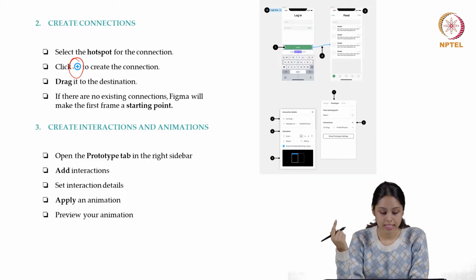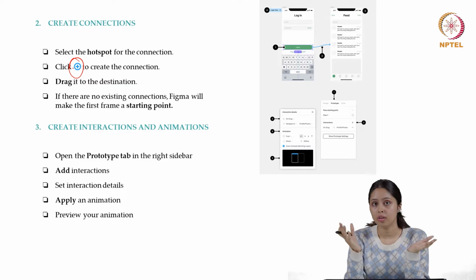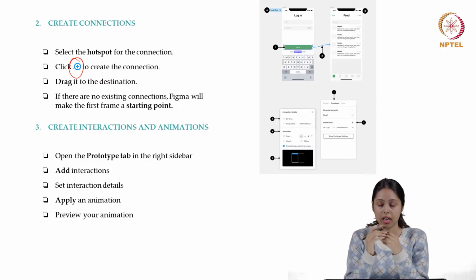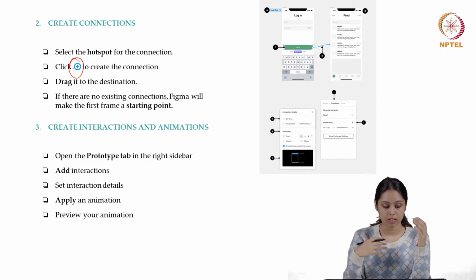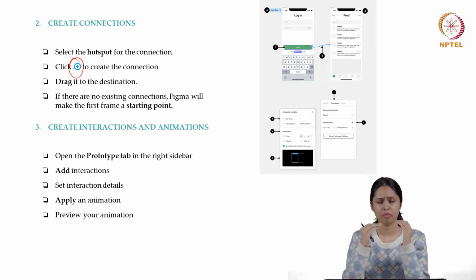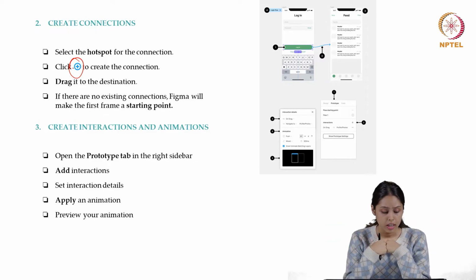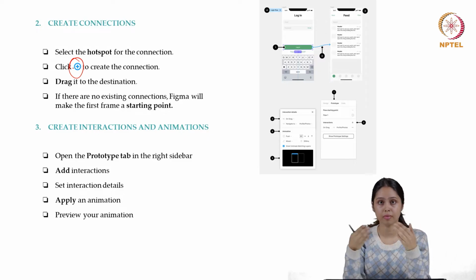Third point is creating interactions and animations. Okay, so we have all made PowerPoint slides, right? So maybe slide 1 and slide 2 might have different kinds of animations, right? Like move in, zoom out, gradient, fade, right? So these animations, we can also put into our Figma designs.